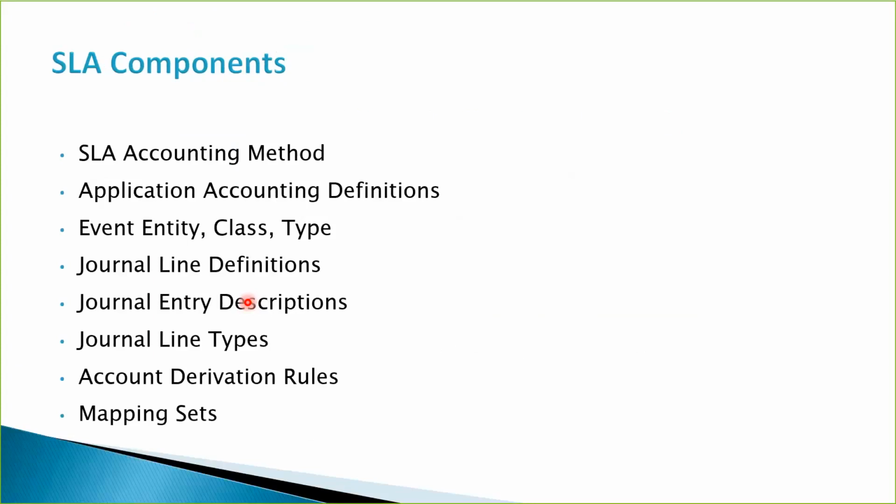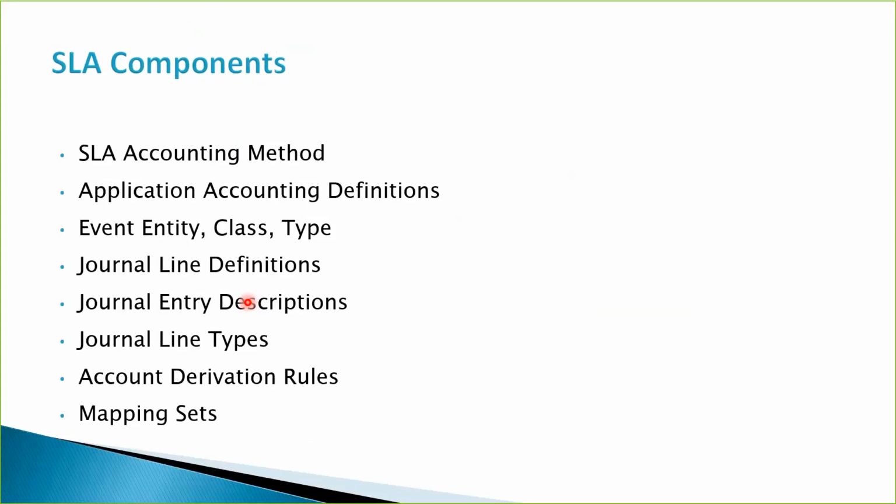We talked about event entities, classes, and types, and how they are related to each other. The other thing that we said is that these are predefined components in the SLA module, and it is what we base our configurations around. An example of an event entity could be an invoice.